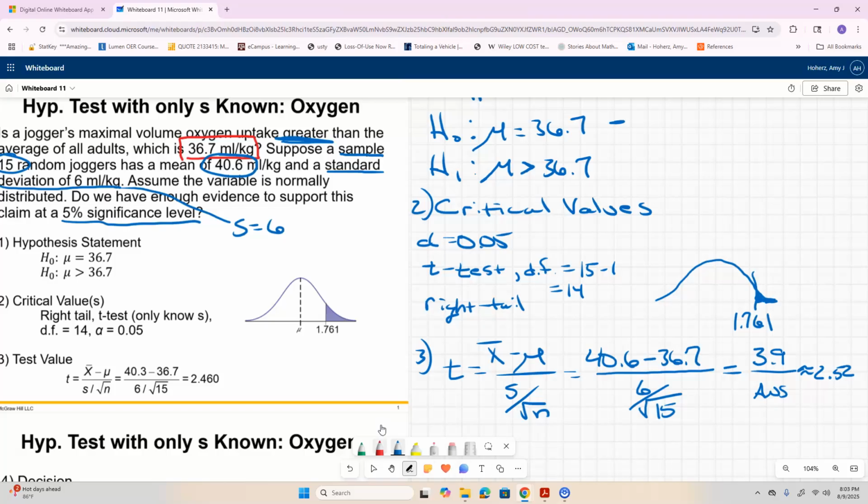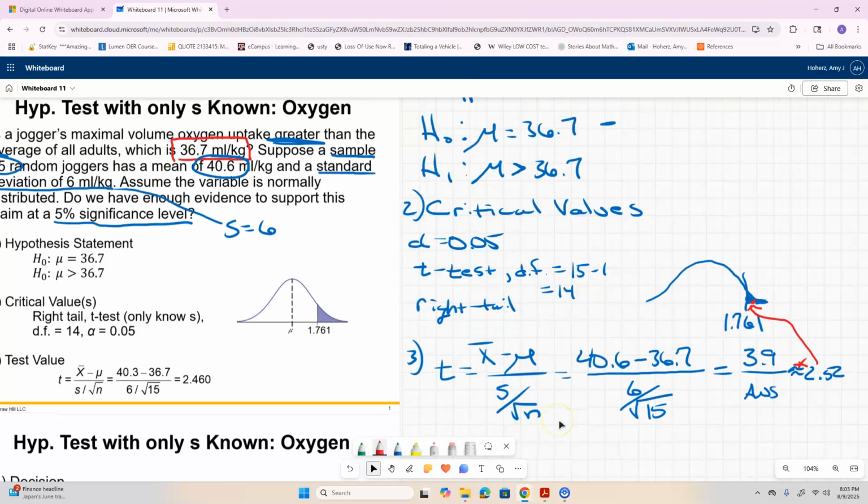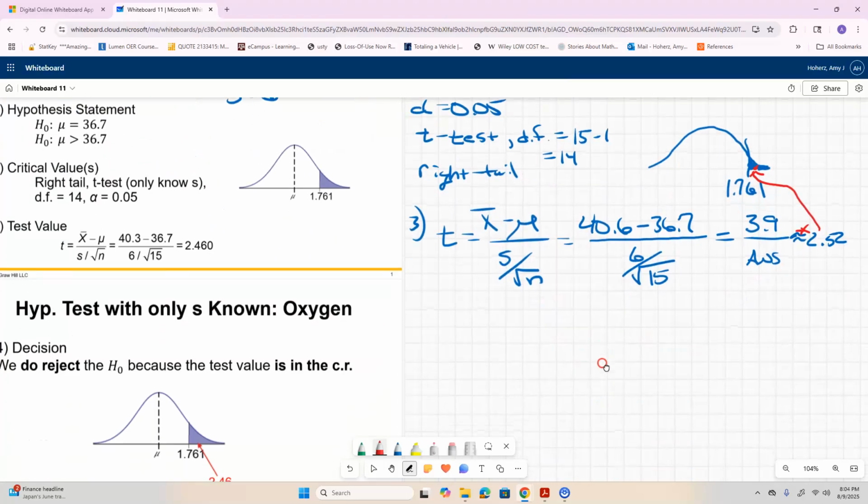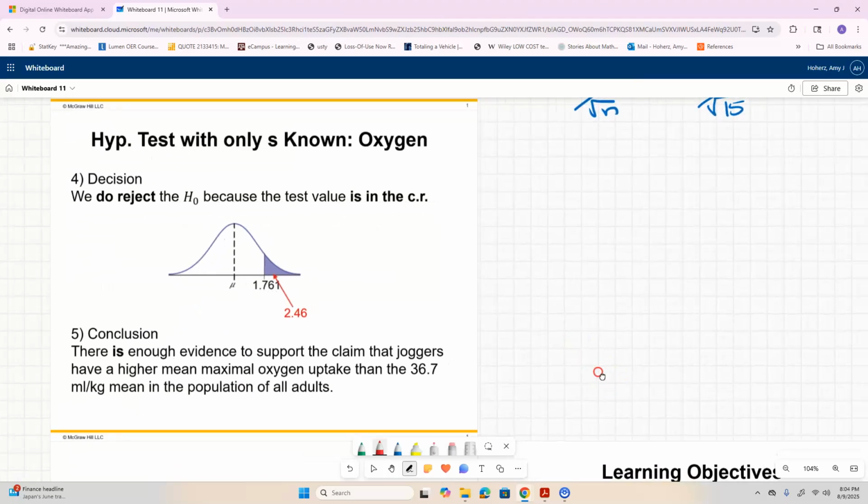Okay, so how does that compare? Well, that is in our rejection region. So 2.52 is up above our 1.76. And so, what does that mean? Think to yourself. If we're in the rejection region, then we're going to reject. And so there is enough evidence to support the claim.